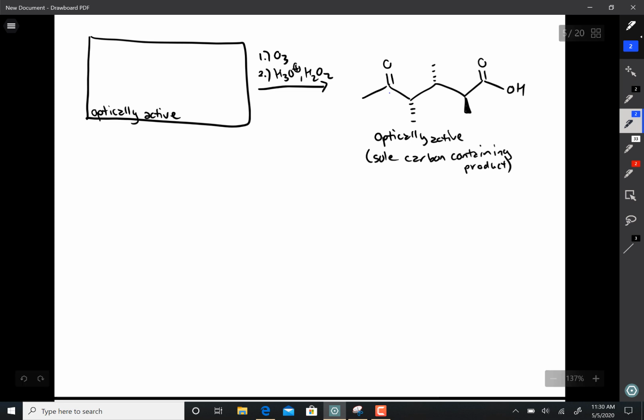And so if we were to number, we get a 5-membered ring. So our product, because we counted to 5, we get a 5-membered ring, with the alkene going between carbons 1 and 5.